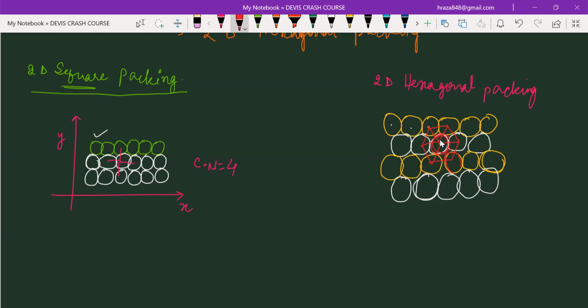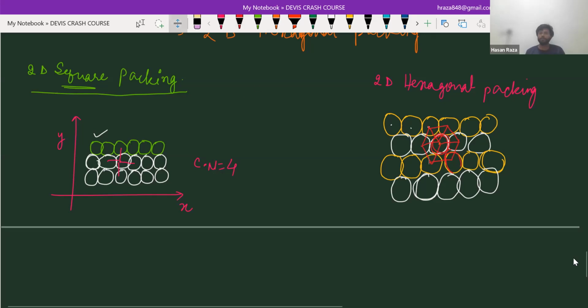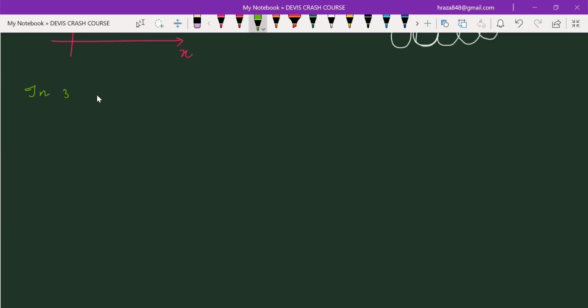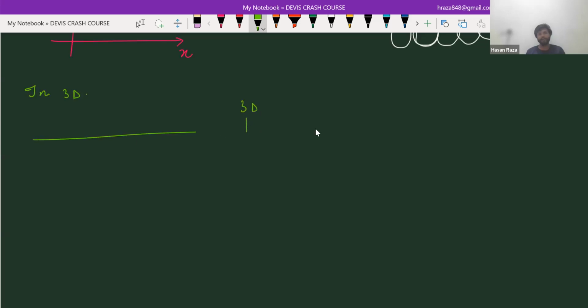Done. Now we will go for the third type of packing, that is basically in 3D. And in 3D we have 3 types of packing.